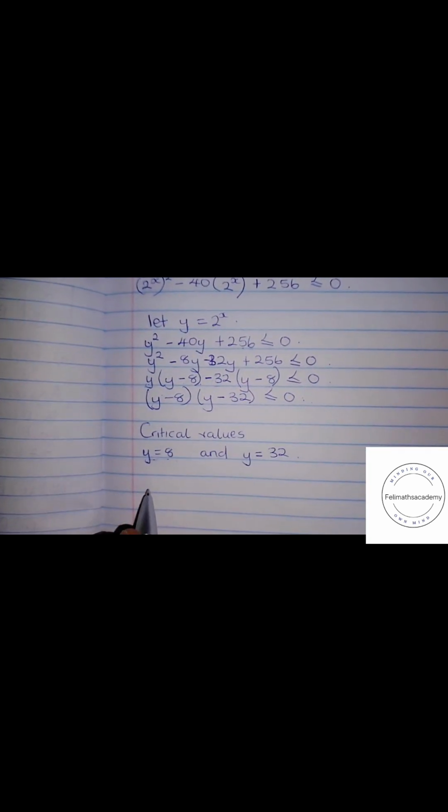Having obtained this, we are going to draw a table showing the range of values on this side of 8, between 8 and 32, and on the other side of 32. So we have y is less than 8, we have 8 is less than y less than 32, and we have y is greater than 32.